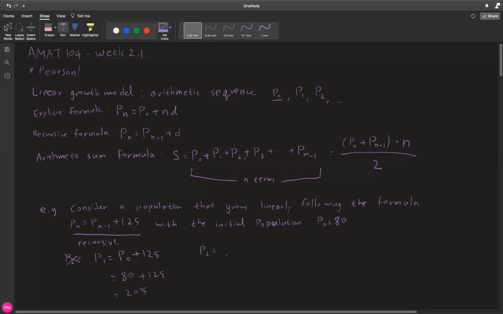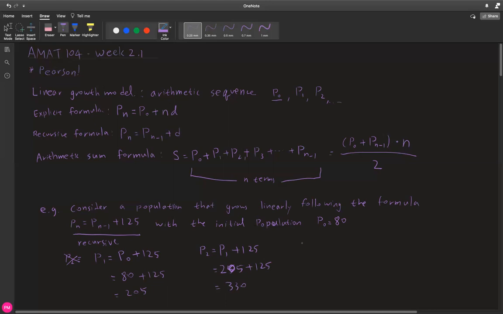And P sub 2 is P sub 1 plus 125, and we know P sub 1 is 205, so you get 205 plus 125, which is 330.